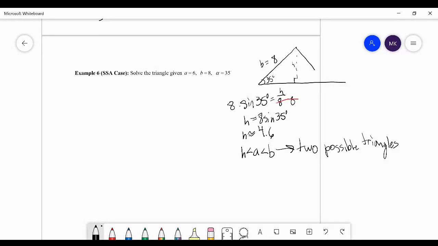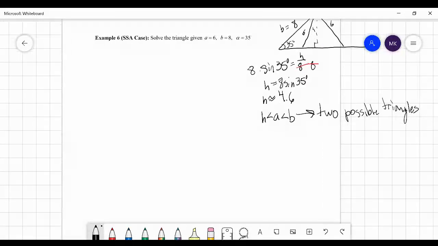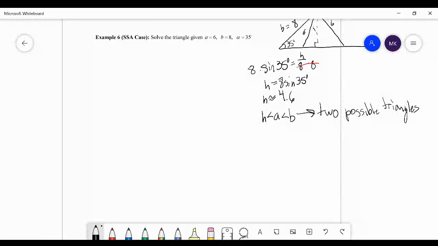Which means A could go either one of these routes. So what I want to do is create 2 separate problems, 2 separate triangles.